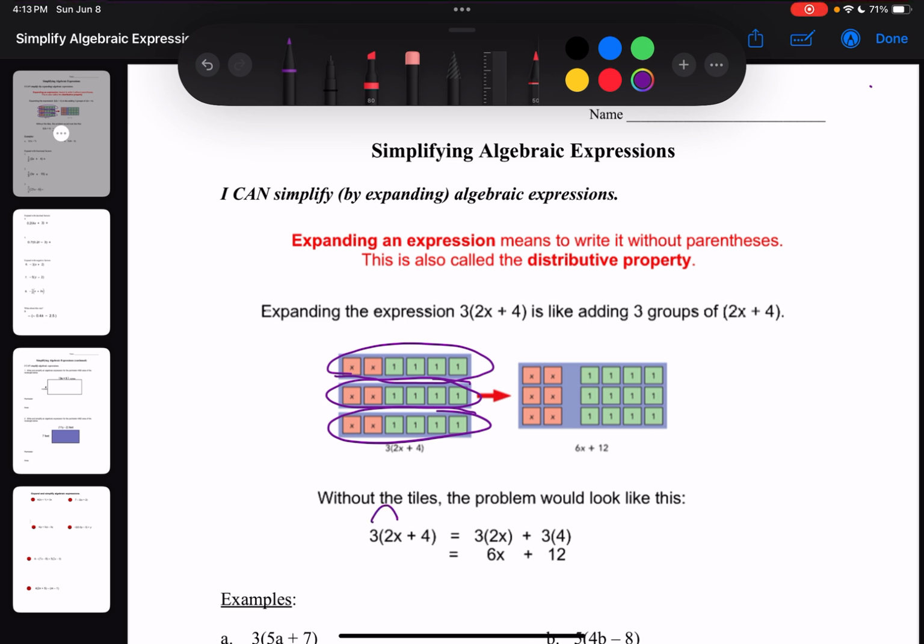If you use the distributive property and distribute by multiplying 3 times 2x and 3 times 4, you will get the same expression, 6x plus 12. And the picture above shows that exact expression.